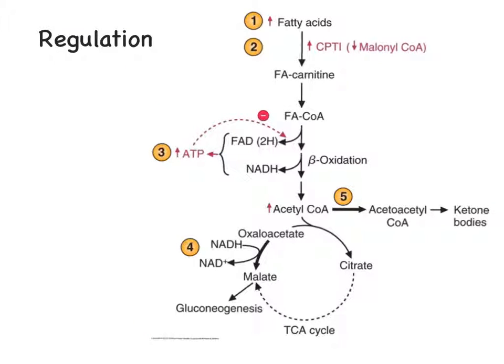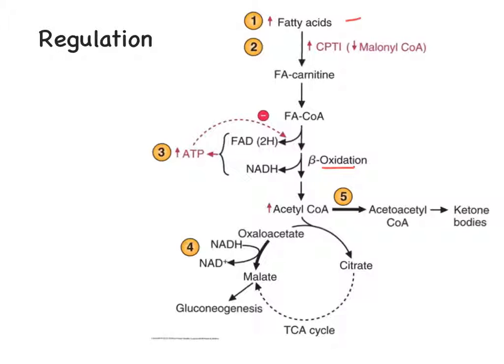Just quickly, we'll take a look at the regulation of these pathways. So you can see that we are at the top starting with an increase in the amount of free fatty acids that are available. These will be imported into the mitochondria and converted into energy through the beta oxidation spiral.